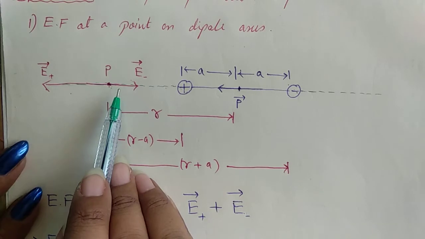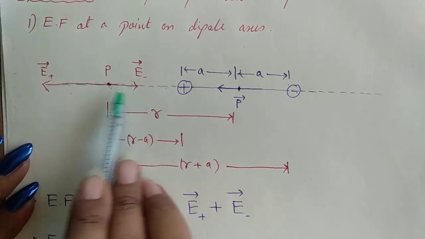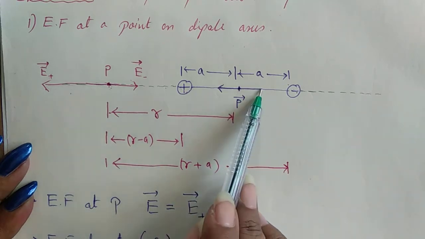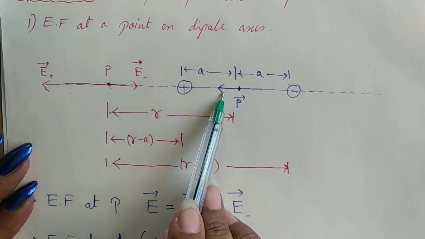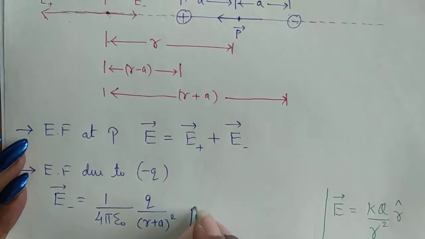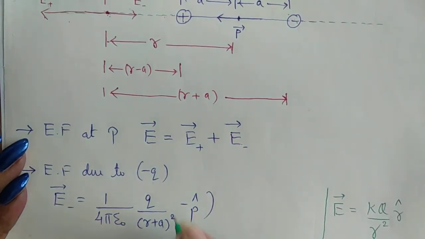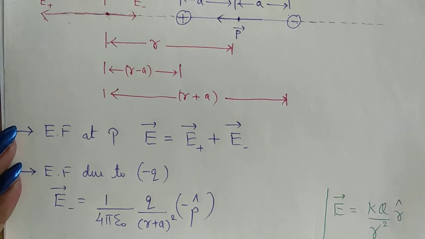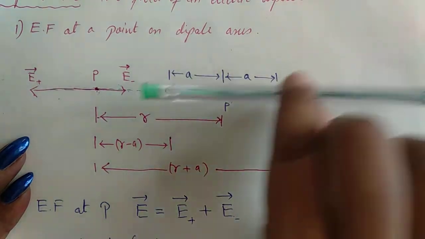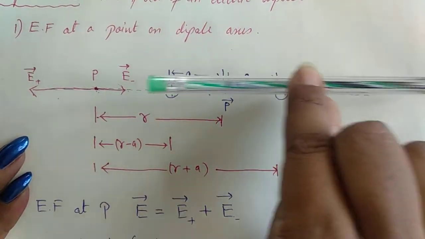The direction of electric field due to the negative charge is this, and the direction of the dipole is in the opposite direction. So I will be writing here a unit vector along the direction of electric field. This is the electric field, minus p cap will be the direction of the electric field.